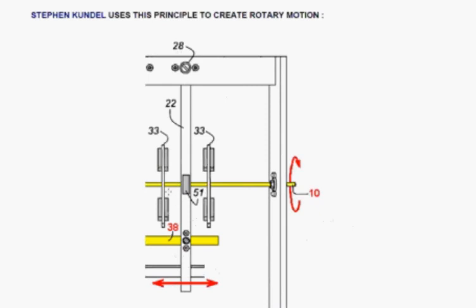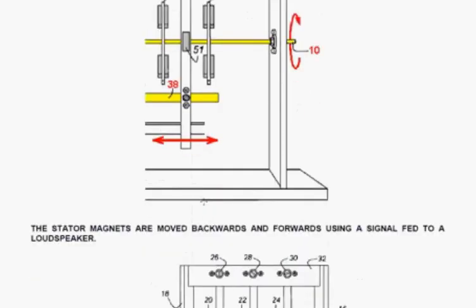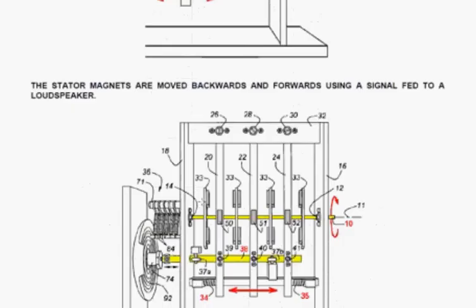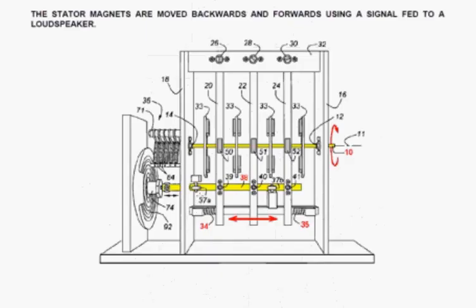That moves the magnet 51 either towards the magnets marked 33 or to the right towards the magnets on the right. And that causes rotation of the central power shaft. It looks more complicated when you see a lot of them done.